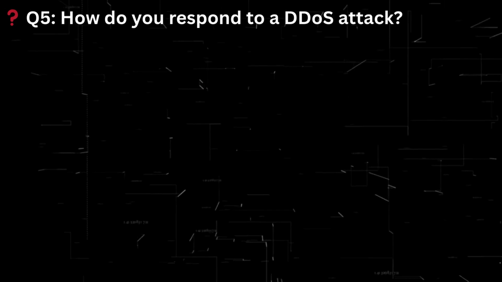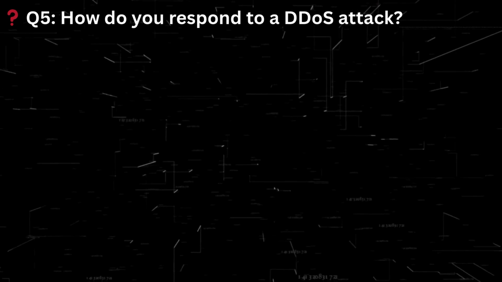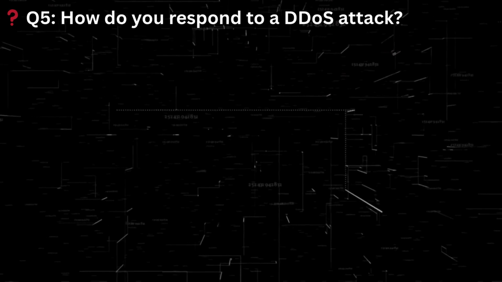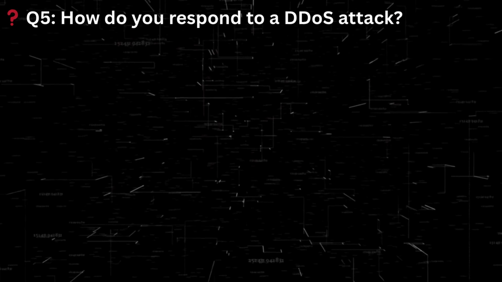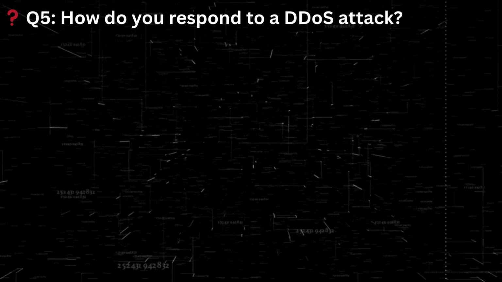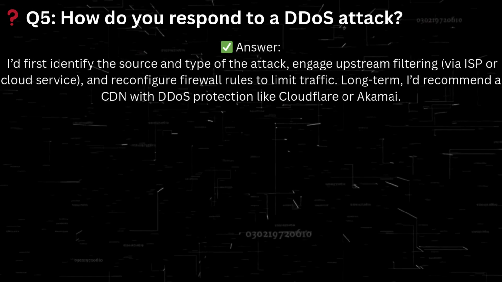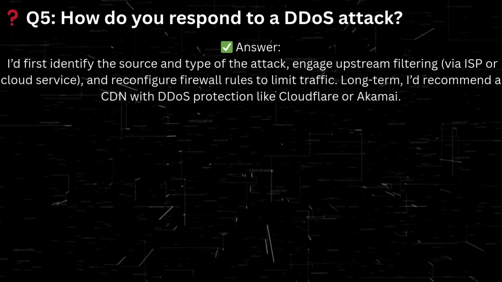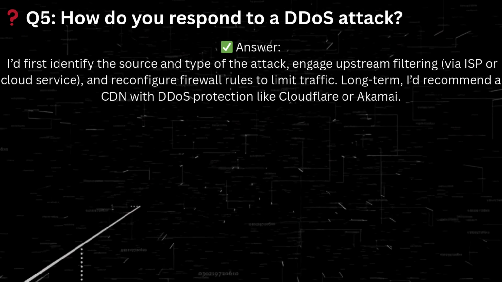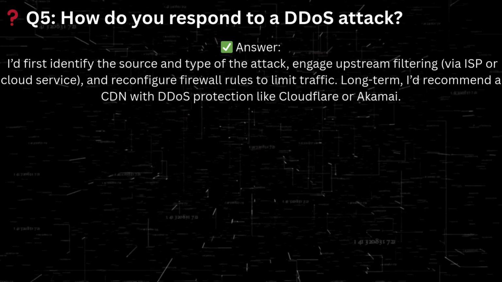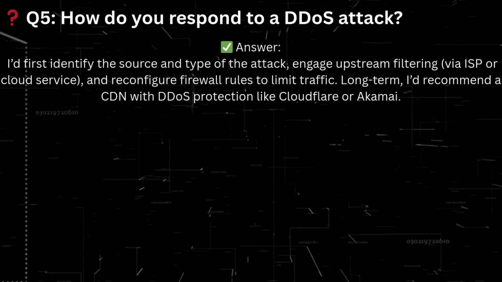How do you respond to a DDoS attack? You can answer like this: I would first identify the source and type of the attack, engage upstream filtering, and reconfigure firewall rules to limit traffic.